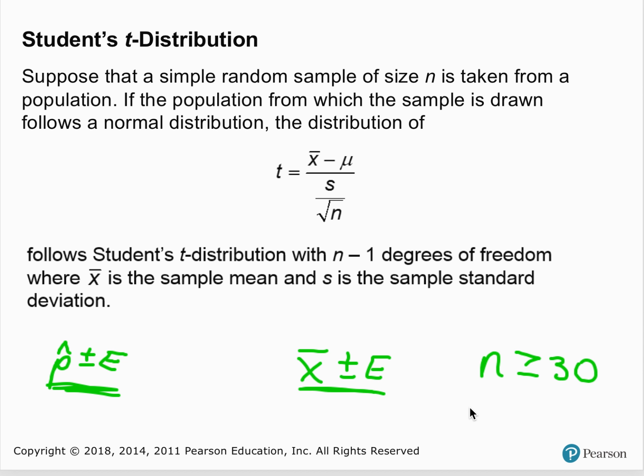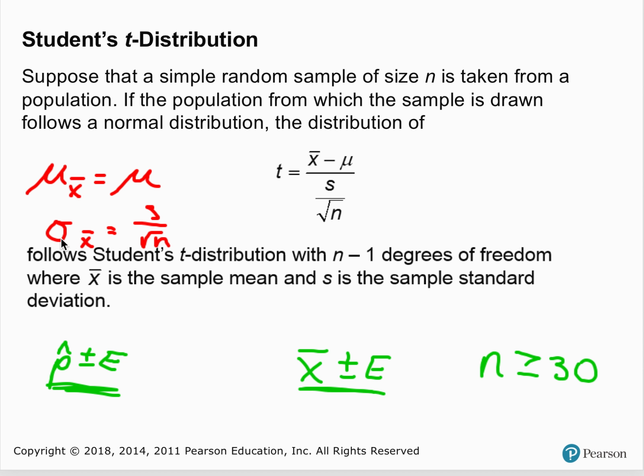In addition, mu sub x bar is going to equal mu, just like mu sub p hat equaled p. And the standard deviation is going to be represented by S over the square root of n.